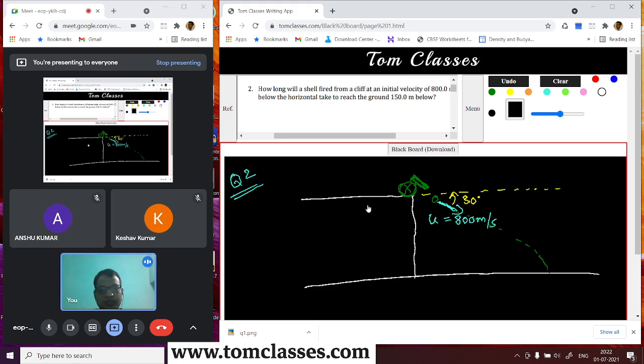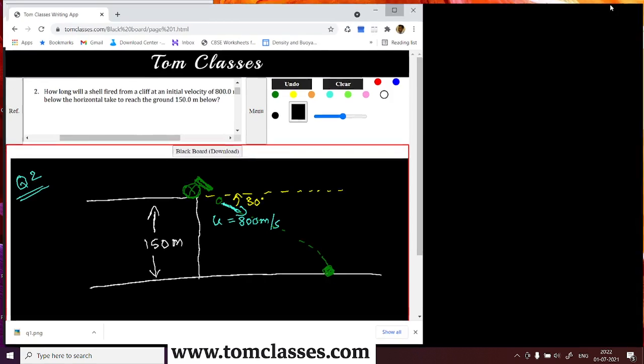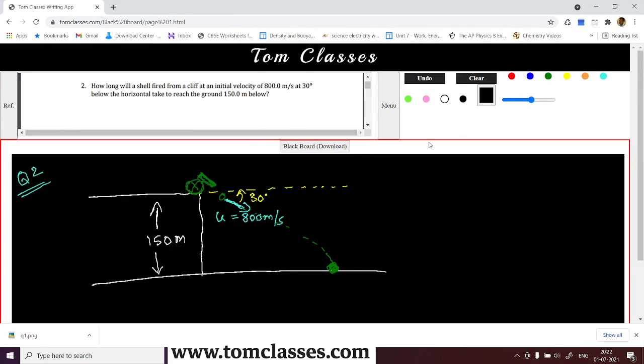So this height is 150 meters. This is the case, right? We have to calculate how long the shell will take, so what is the time it will take for this shell to reach the ground? Yes or no? Okay, so that is the story.